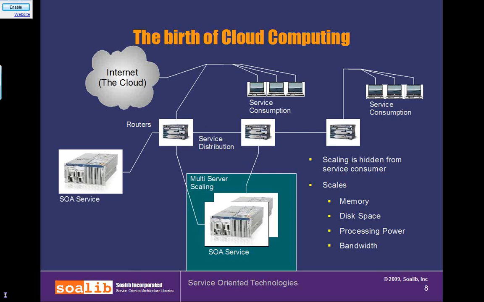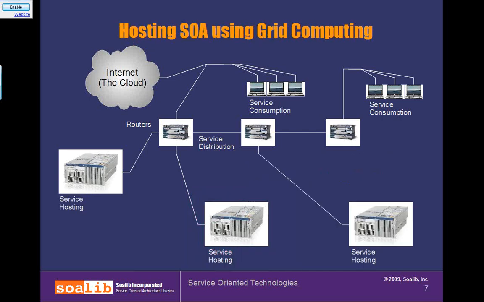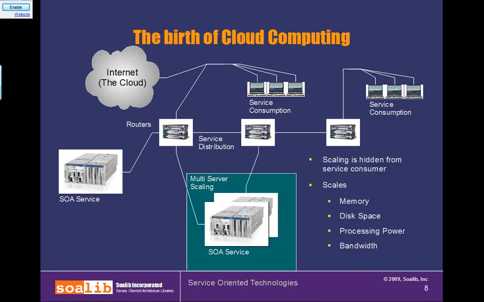Grid computing allows scaling applications or servers or resources in general. In the previous slide, we saw servers independently running. Here, there are three servers independently running. How can we combine the power of all these servers together, which grid computing allows? It can be done by software.